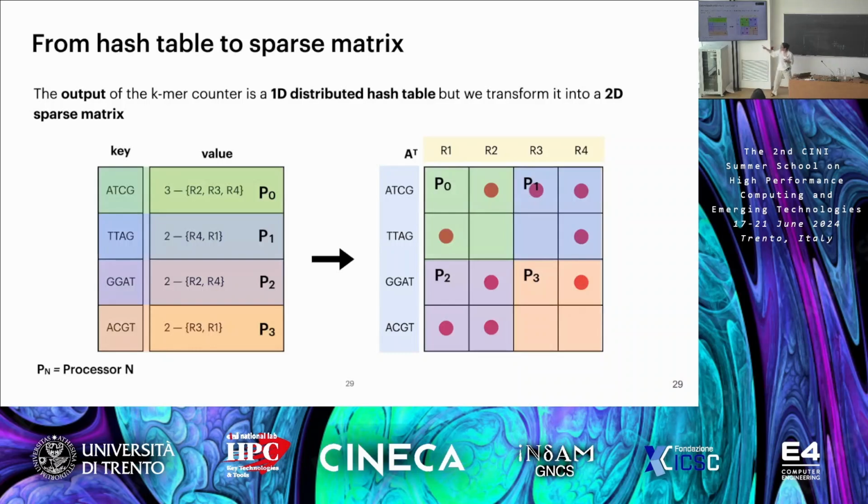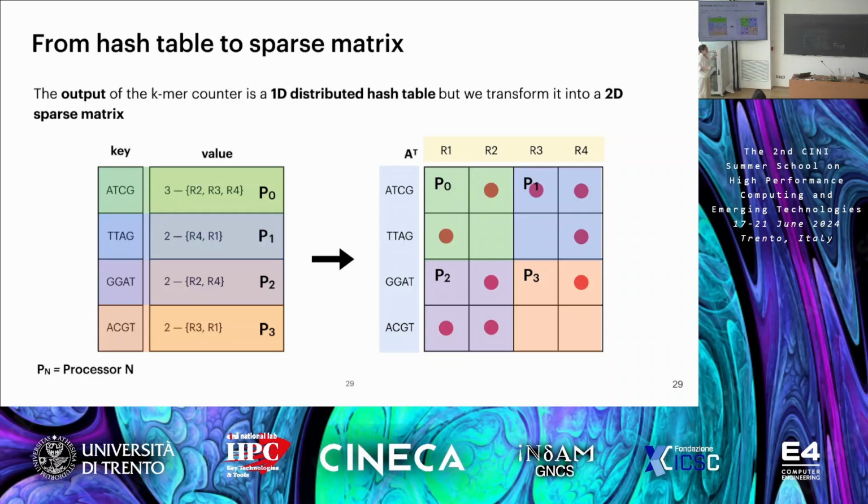The other thing that changes here, which in this presentation I don't go too much into, is how we parallelize that, because I assume that you will know about sparse matrix parallelization, but just to give you a sense, here you are in the 1D distribution case. So every processor has a subset of k-mers and all the information associated with that k-mer.